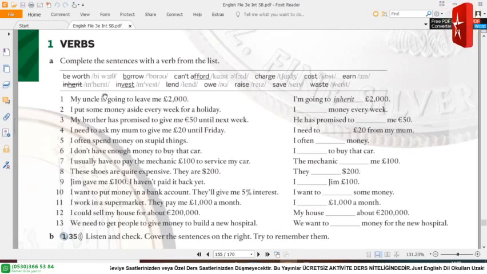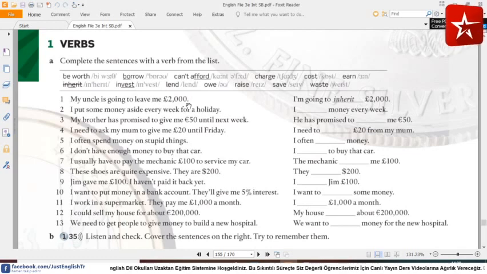For example, if you look at sentence number 1, you can say inherit. Let's read the sentence firstly. My uncle is going to leave me 2,000 pounds. What does this sentence mean?